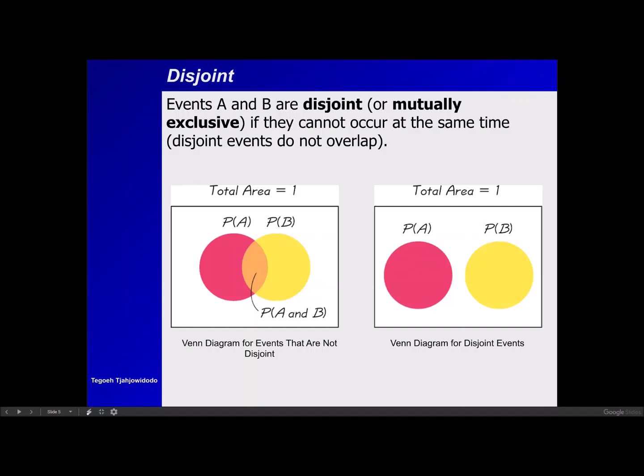This is where we have a disjoint case. When we have an independent probability case, these two events will not overlap with each other. This is the case illustrated by the right figure here. Okay, this is a case where we have disjoint events.